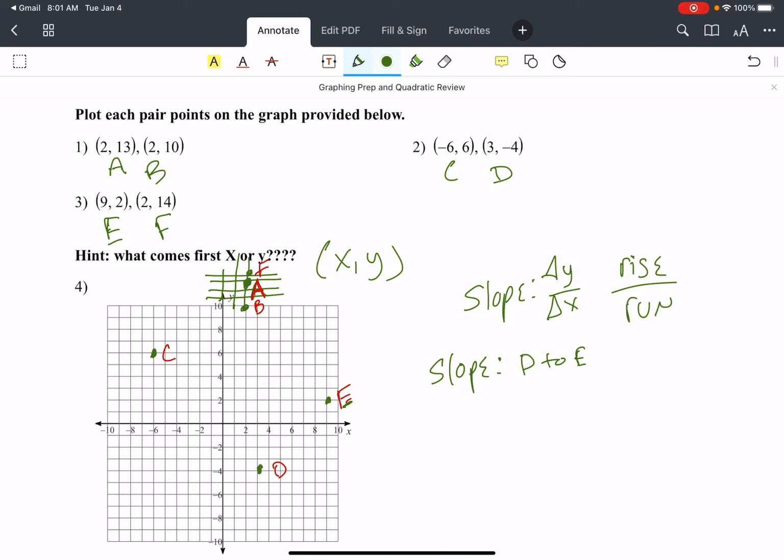So sometimes it helps people to draw a little right triangle between the two so you can kind of visualize it. We're going to figure out how much it changes from D to E. So it goes up 1, 2, 3, 4, 5, 6. And it goes over 1, 2, 3, 4, 5, 6.